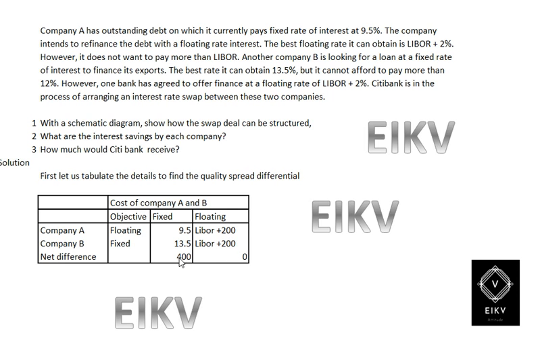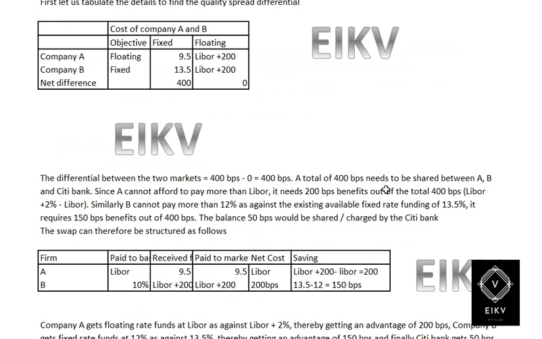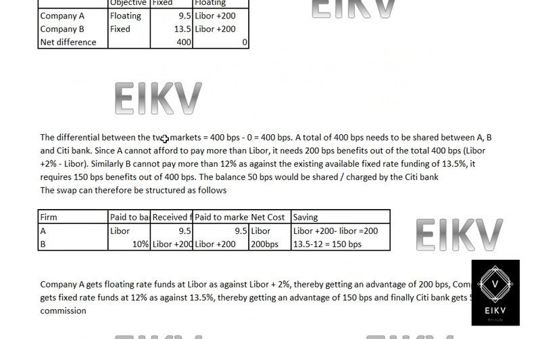When we take the difference, the net difference would be 400 basis points. 400 minus 0 is 400. A total of 400 BPS needs to be shared between A, B and Citibank.